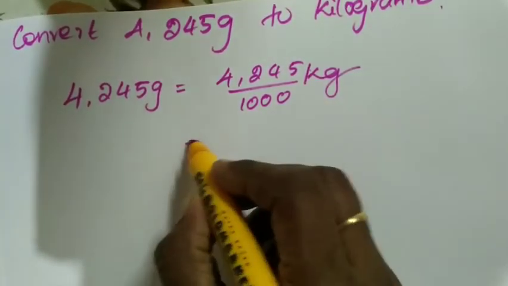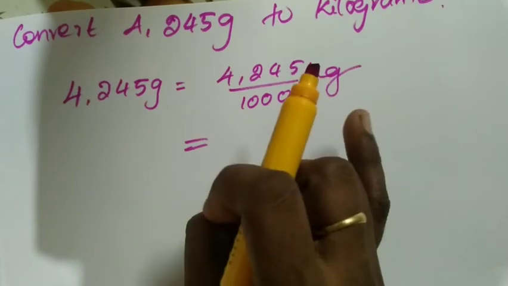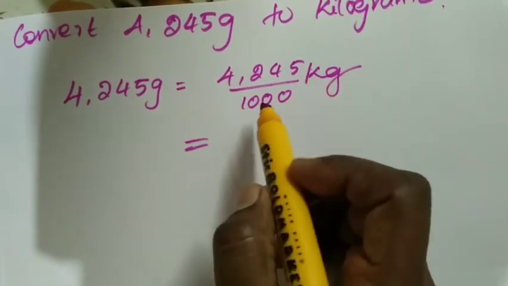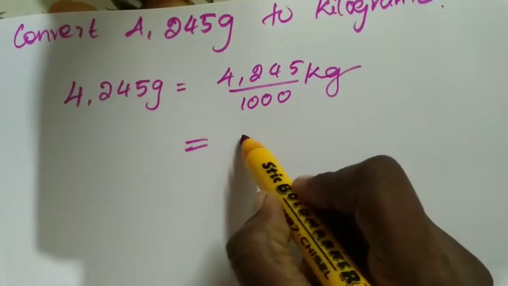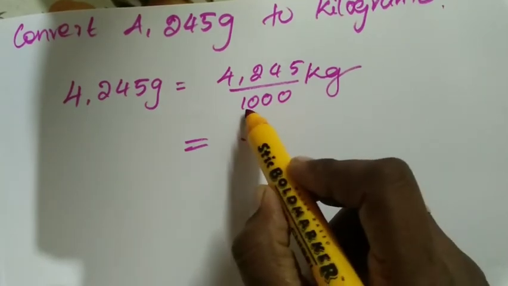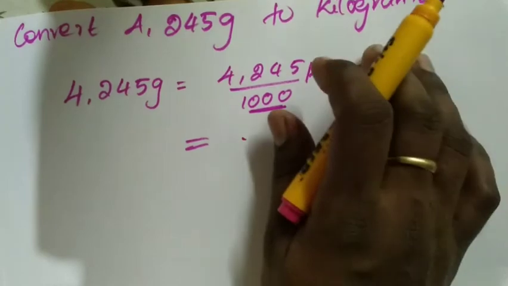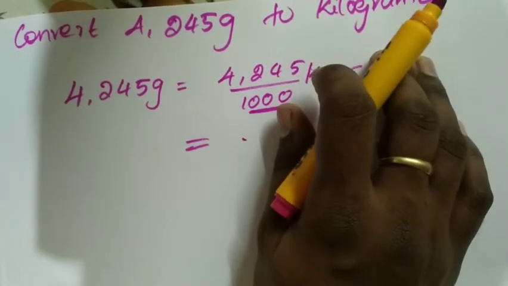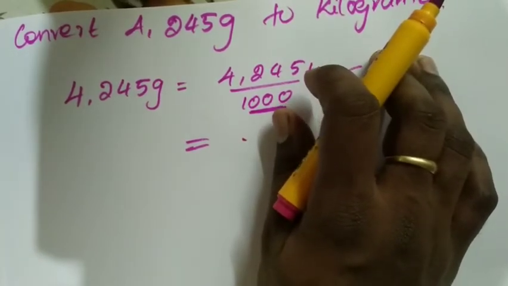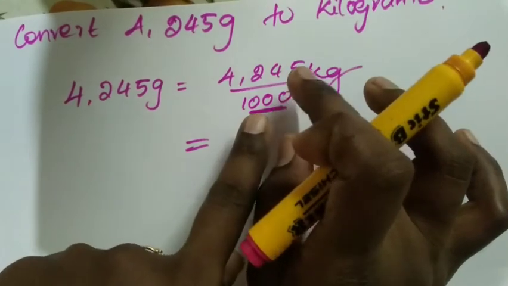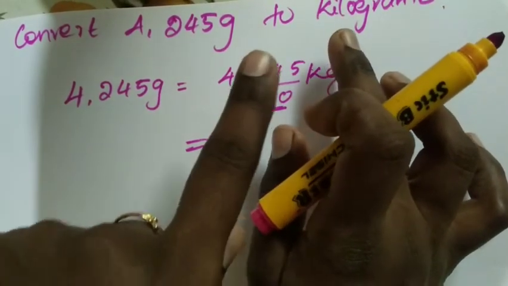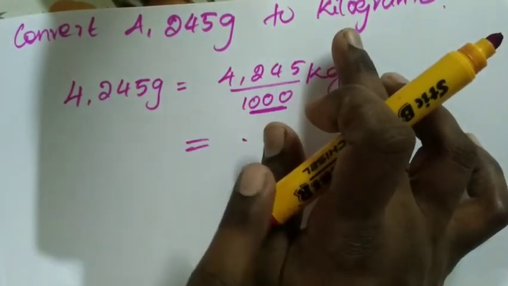Division by 10, 100 and 1000 we have seen already. I am right. Here after the decimal point, there should be 3 numbers. Why? Because the number after the decimal point depends upon the zeros. Here we have 3 zeros, so there should be 3 numbers after the decimal point.